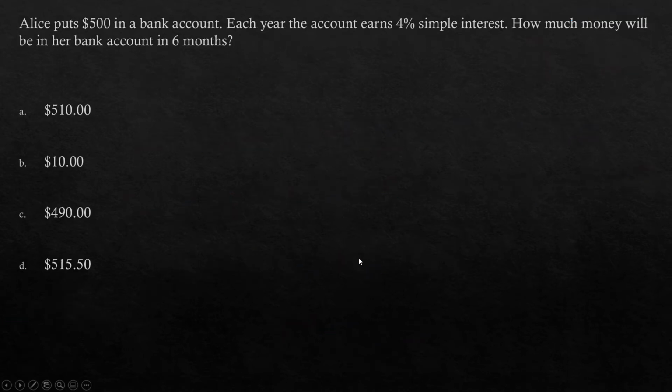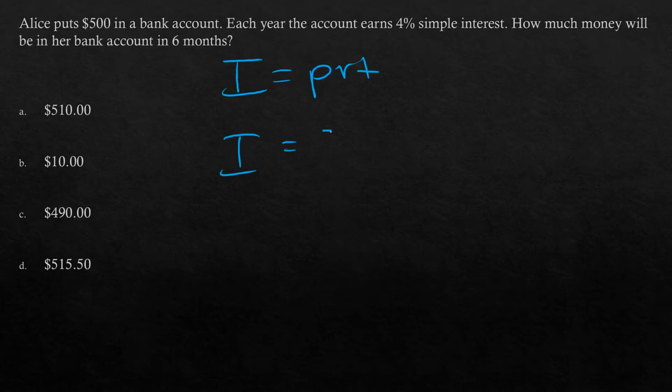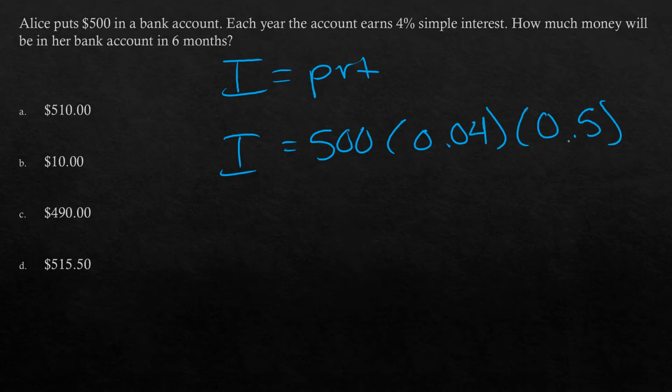So $205.03. Alice puts $500 in a bank account. The account each year earns 4% simple interest. How much money will be in her bank account at the end of 6 months? So again, using I = PRT, I have I is equal to 500 times my simple interest as a decimal times 0.5. Now the reason why I'm doing 0.5 is because it's over 6 months, but remember time is always in years.